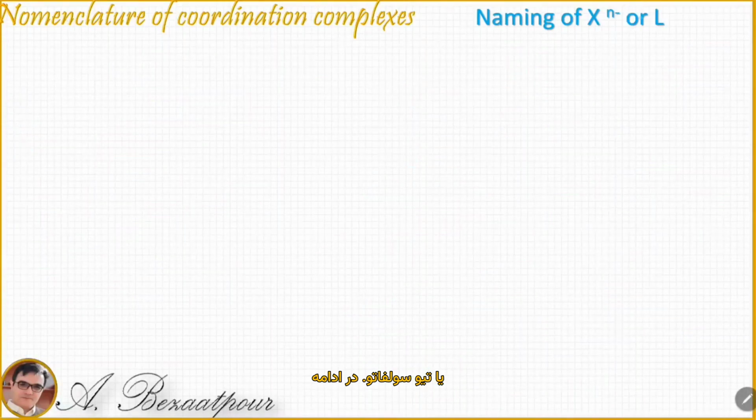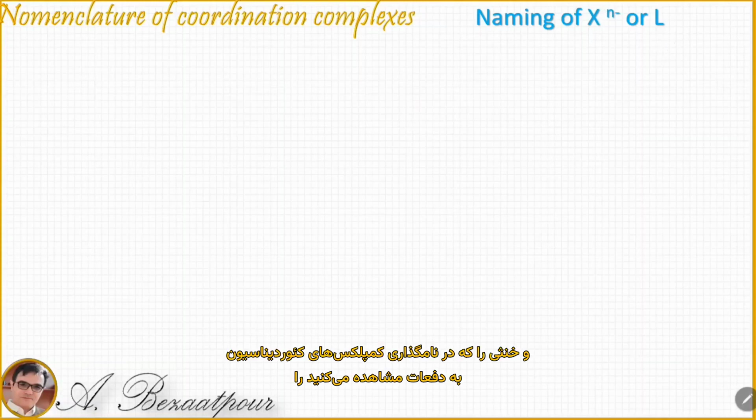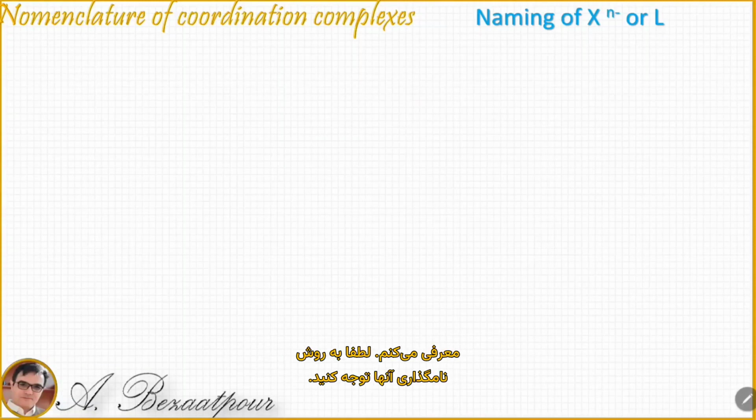In the following, I would like to introduce a number of anionic and neutral ligands that you see many times in the naming of coordination complexes. Please pay attention to their naming method.